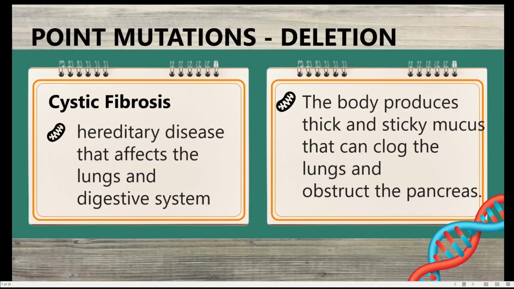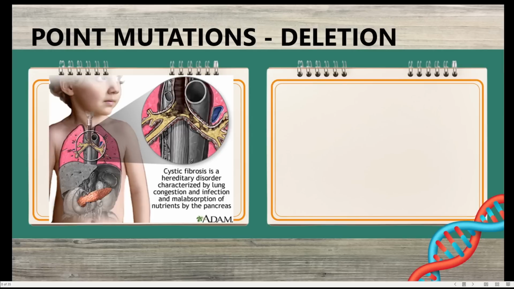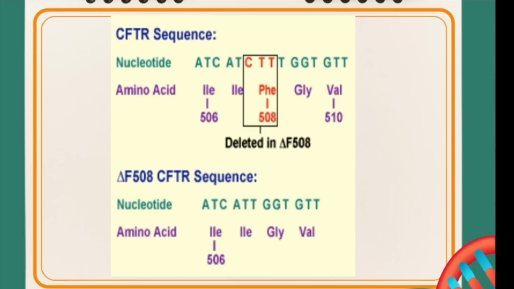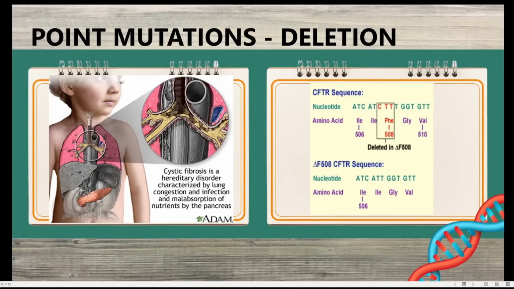Ano bang itsura ng may cystic fibrosis? Okay, so ganito siya. So, saan ba nagkakaroon ng deletion sa isang taong merong cystic fibrosis? According to research, most of cystic fibrosis cases would be caused by the deletion in delta F508, yung phenylalanine dito. Almost 70% of cystic fibrosis cases would be because of this.